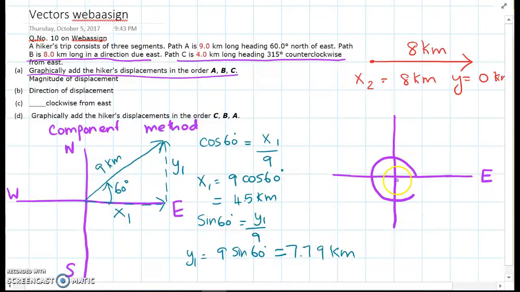So let's draw this vector, and that's going to be 4 kilometers long. If this whole thing is 315, and we know this is 270, then this must be about 45.